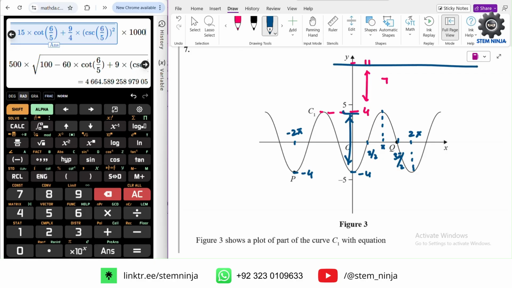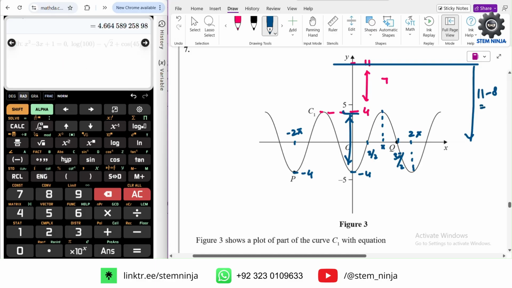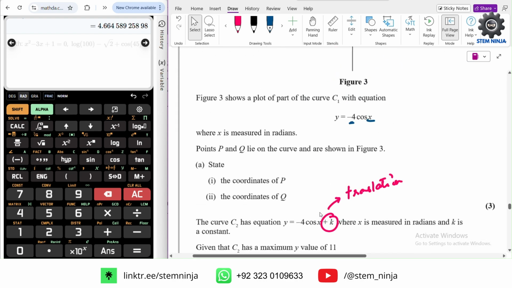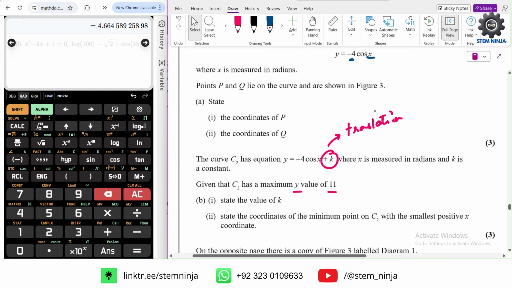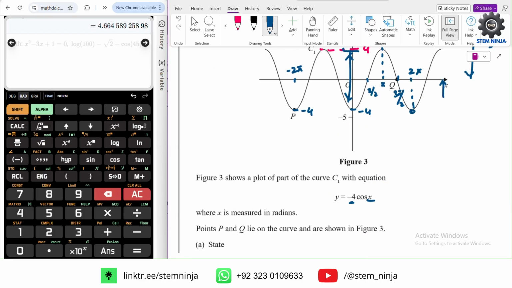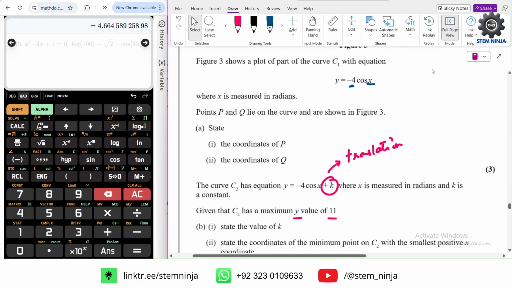So if the new maximum is 11, the new minimum would be 11 minus 8, which is just 3. The y value would be 3, but what would the x value be? We needed the smallest positive, right? Smallest positive. So it's just simply a vertical translation. So smallest positive x coordinate would be this one, 2 pi and 3.